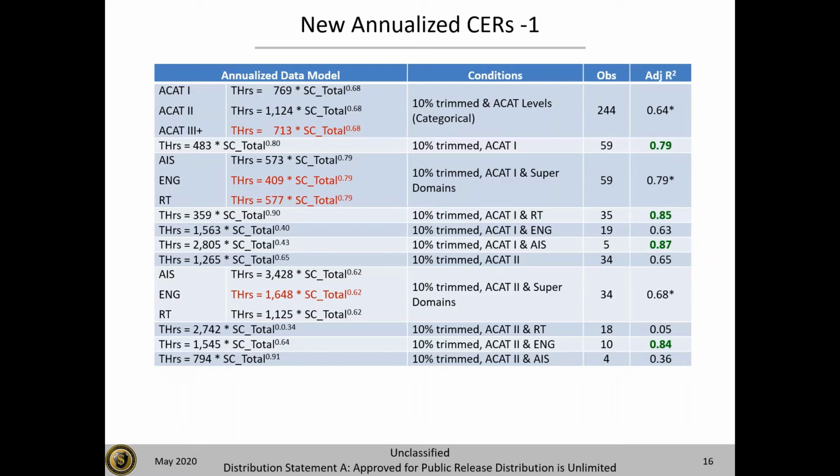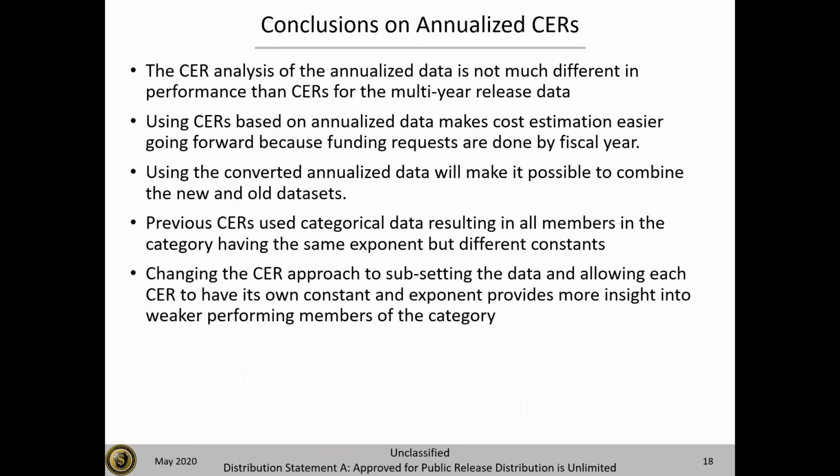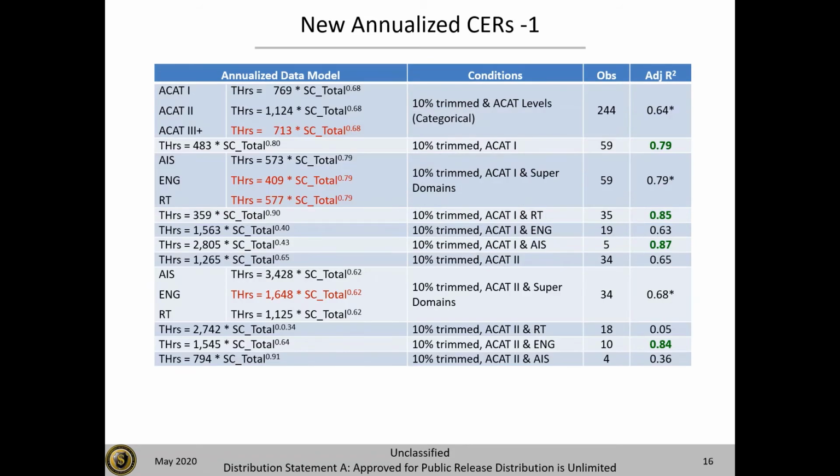On the next chart, we have the new data. And in this one, we looked at it a little bit differently. We separated, so the first couple of boxes treated the ACAT level and the application domain as a dummy variable. And so, what is the word I'm looking for? Sorry. The exponent, thank you.